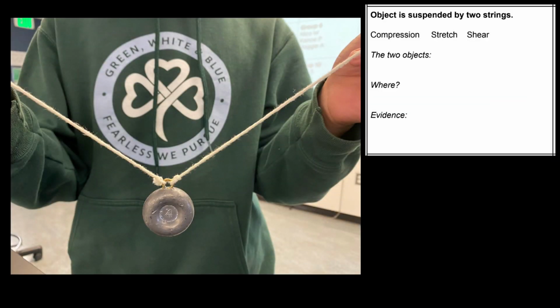This is going to be the object that's suspended by two strings. And so we see that there are a couple of strings here. We'll go ahead and label this one as string 1, and we'll call this one string 2.